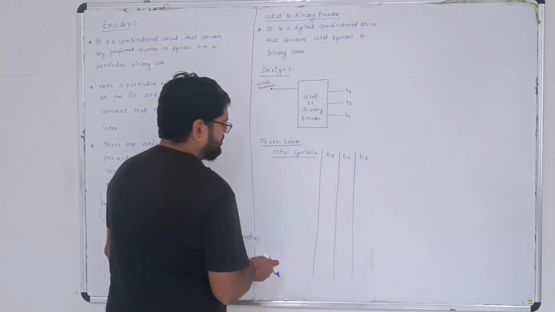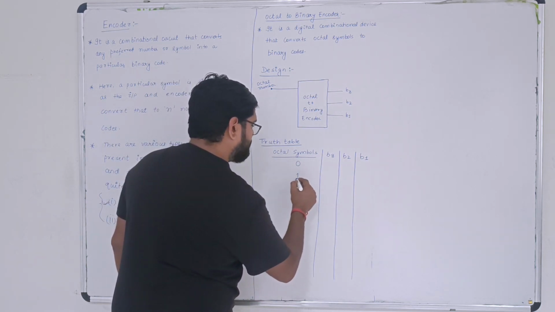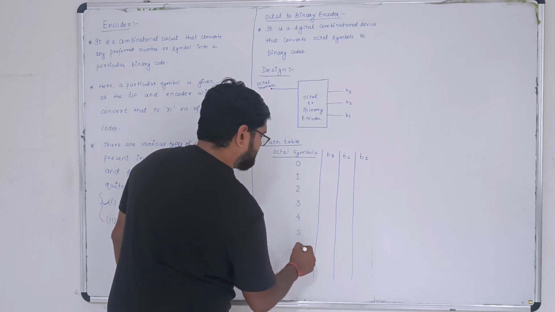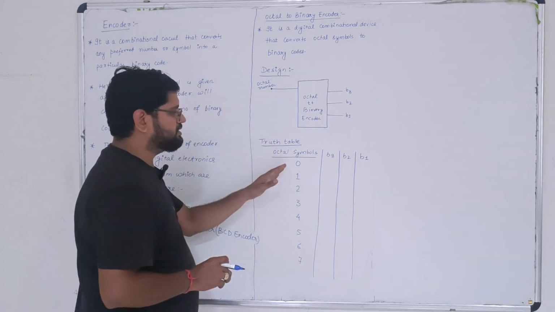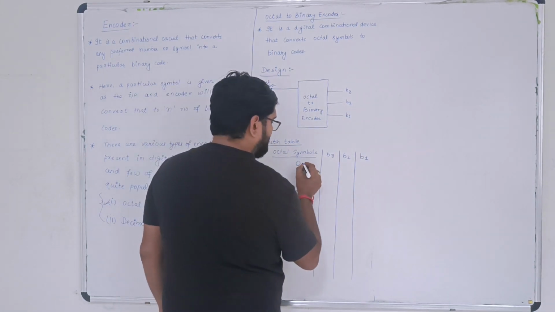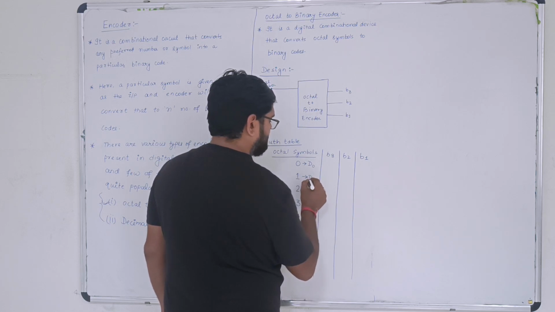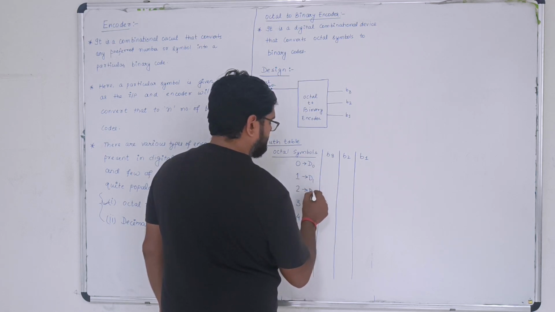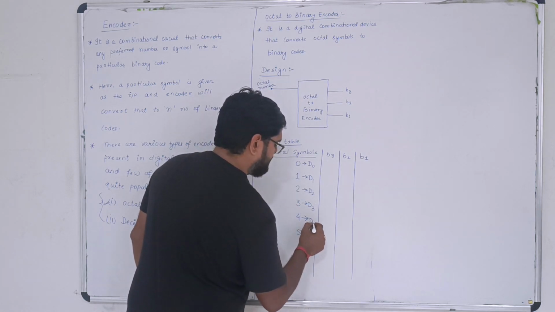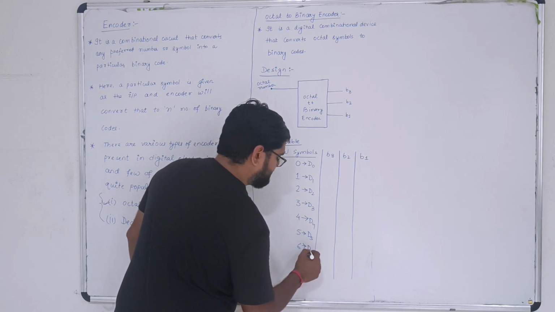Now we know that octal symbols will definitely start with 0, then go to 1, 2, 3, 4, 5, 6, 7. In order to have the representation, I am representing them as D0, D1, D2, D3, D4, D5, D6, and D7.